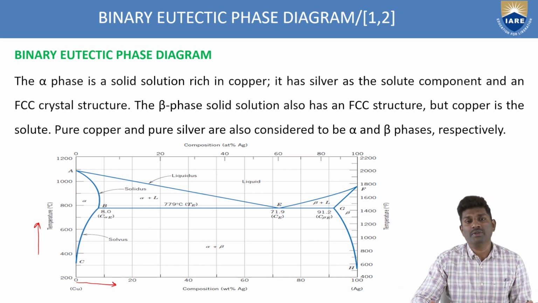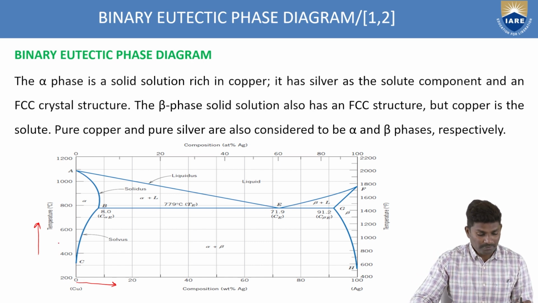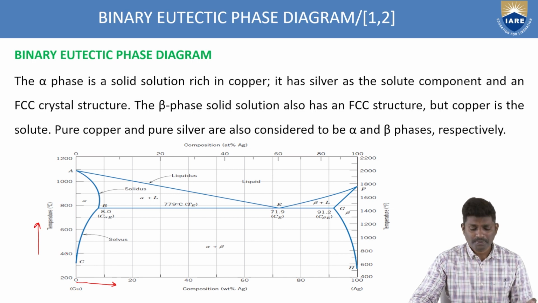In the previous class we also took the basic example of water and sugar. With the help of water and sugar we drew the phase diagram, and we also considered the three phase regions of water, that is the solid, liquid and vapor conversion, with the help of the pressure and compression graph. In this case also we are considering x and y axes, with the x axis as composition percentage and the y axis as temperature.